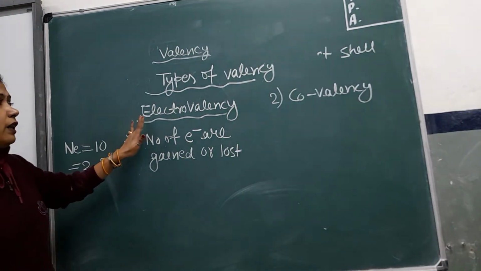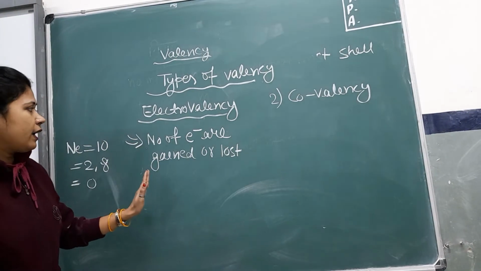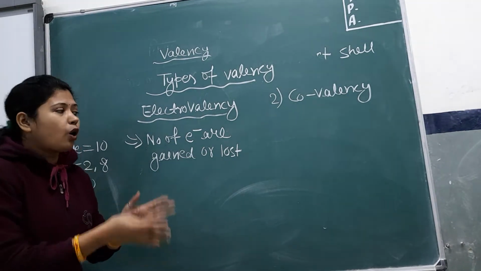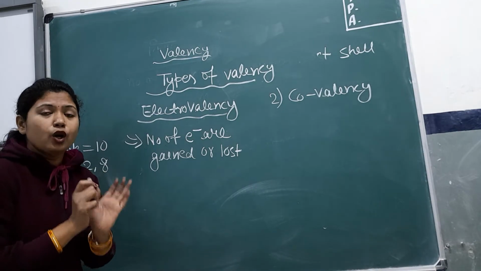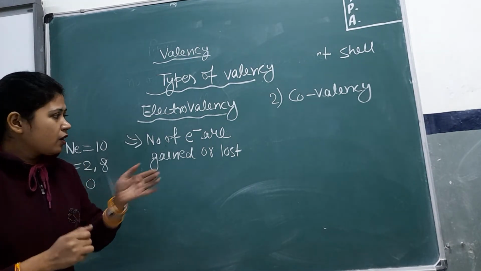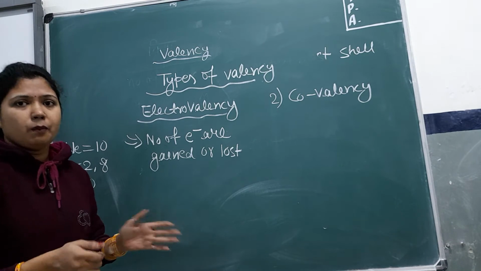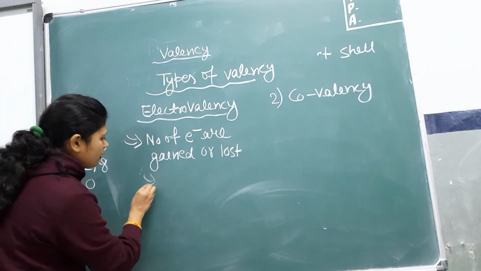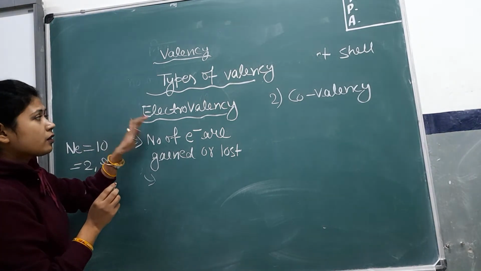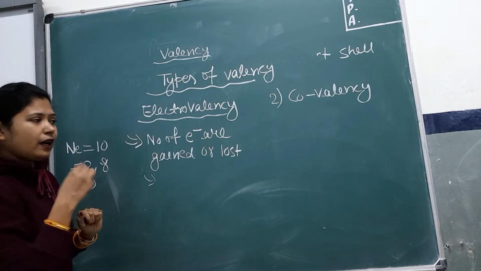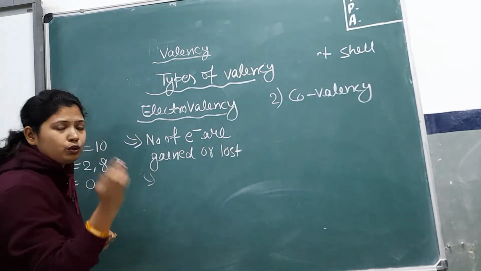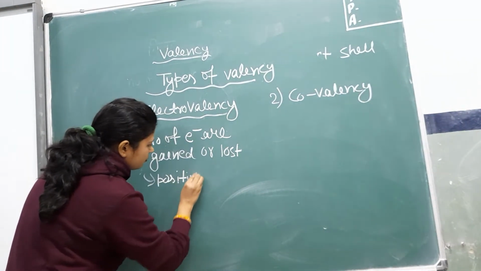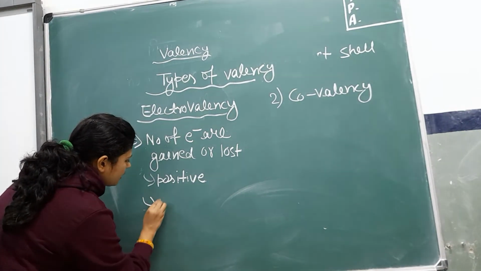So, electrovalency can be defined as the number of electrons which are completely gained or lost by an atom to form a compound. We will understand this better with one example. First of all, I would like to add that electrovalency can be further classified into two types: positive electrovalency and negative electrovalency.